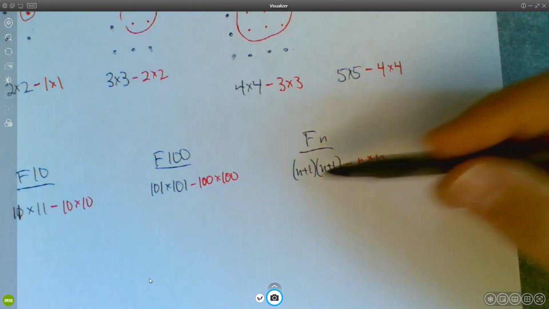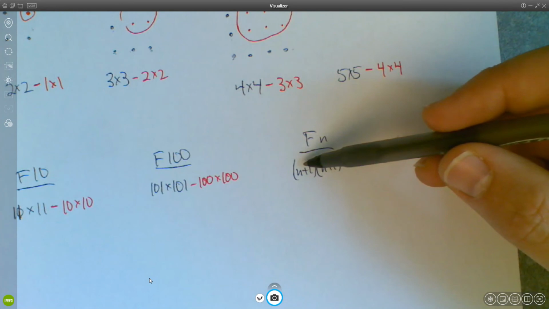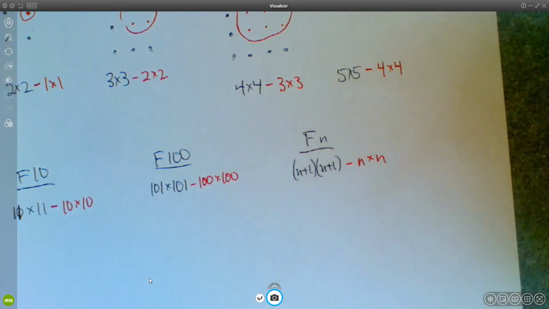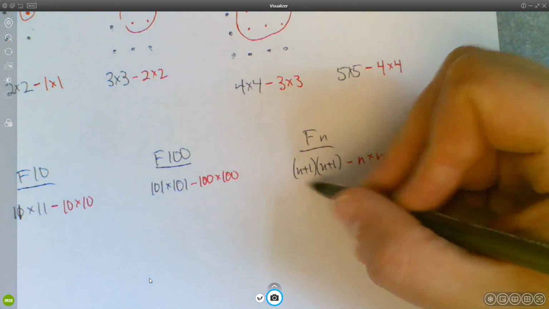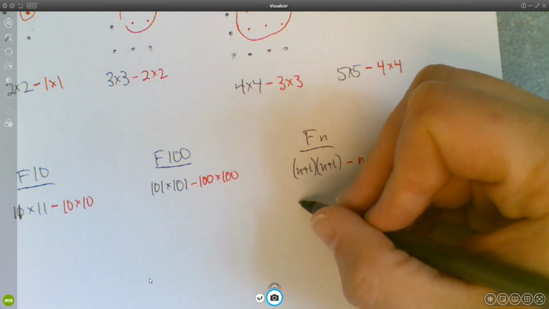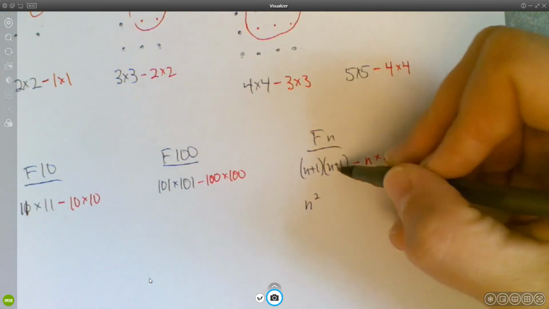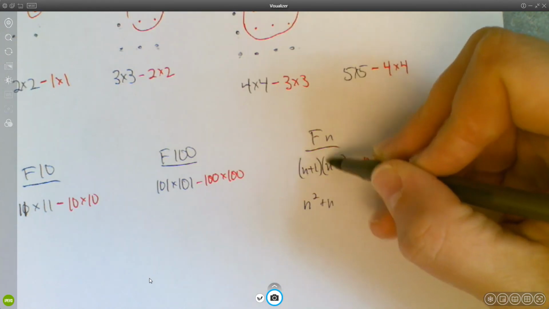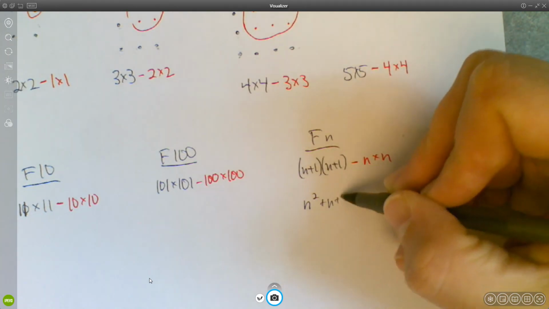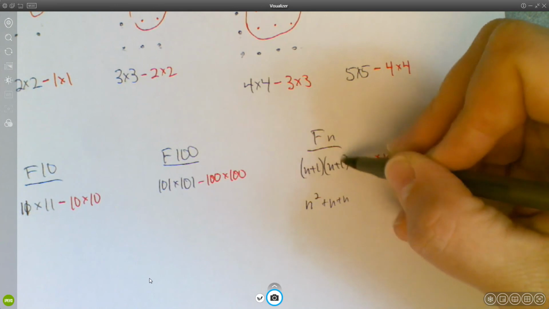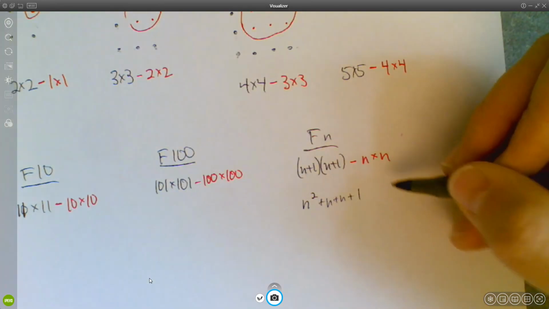So you remember you have to FOIL, right? When you're multiplying a binomial times a binomial, you have to FOIL this thing. So we're going to do the first, right? n times n is n squared. And then the outside, n times 1 is n. And the inside, 1 times n is n. And then the lasts, 1 times 1 is 1.